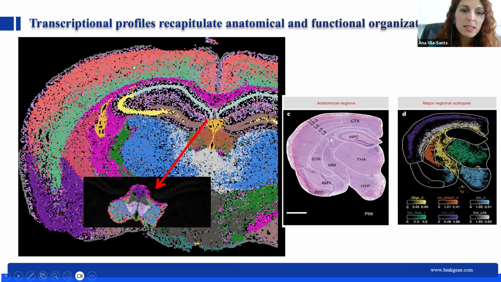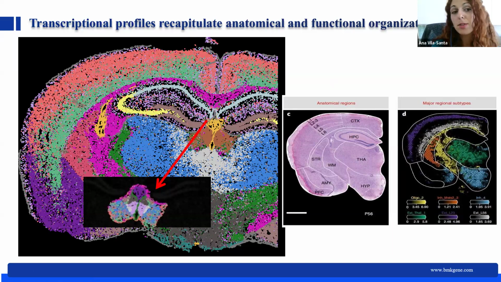And when we do this with samples such as the mouse brain here, we can then compare it to our previous knowledge of the mouse brain, where we know the anatomical regions, and also previous knowledge on functionality or regional subtypes of cells. And we expect to find something like this, where the transcriptional division of the cells is very similar to the anatomical structure and also to the regional subtypes.